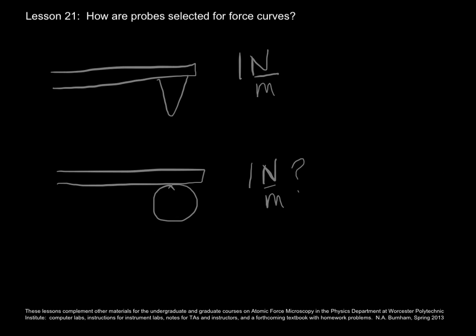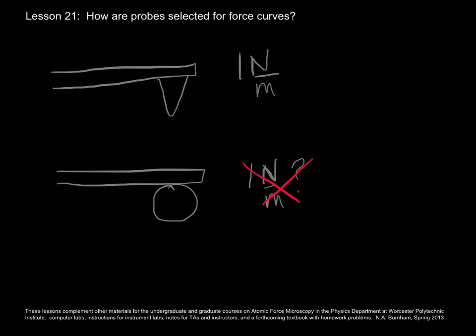Oh, one more thing. The tip selection and the cantilever selection are not independent. Let's say you've been using a conical tip and a 1 Newton per meter cantilever. And then you decide, oh, I should really be using a spherical tip. And you might think that a Newton per meter cantilever would still be fine. Turns out it's not.